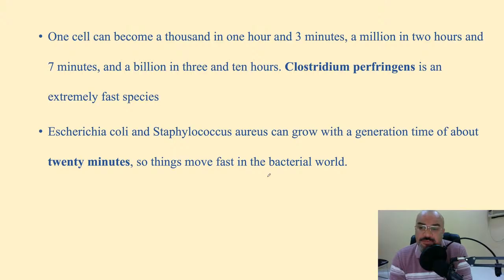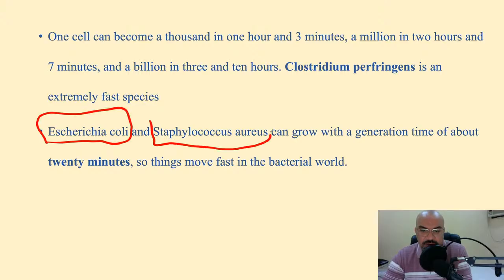But unfortunately, we have other types of fast-growing bacteria that appear frequently in the wounds, which are Escherichia coli and Staphylococcus aureus. And Staphylococcus aureus is one of the headaches. We will discuss it at the end of this class, as it makes a challenging time for the people working with infected wounds. The generation time of these two can be around 20 minutes, so they are moving fast.